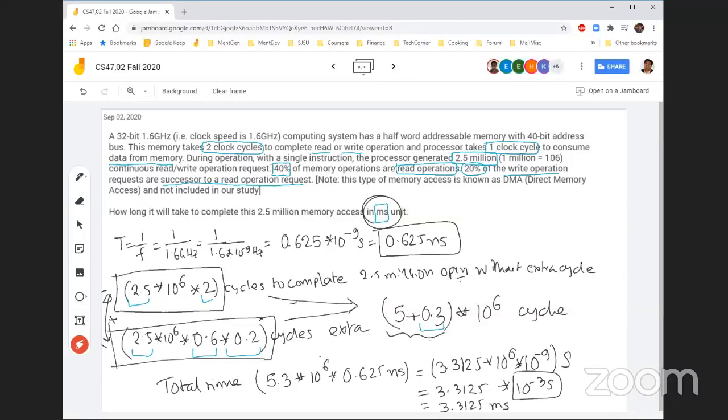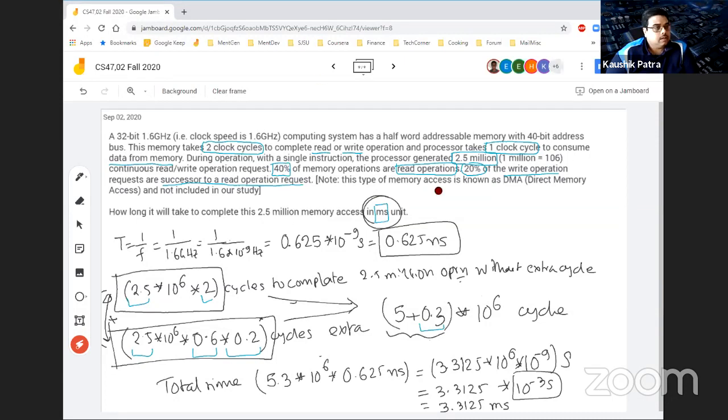I had another question. Yes, Charlotte. How come a back-to-back read-to-read operation doesn't take the extra clock cycle? Because while the processor is consuming the data from the memory, it can still issue the address for the read operation.